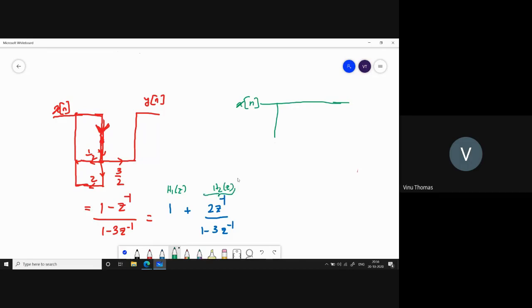We can implement this in the direct form 1 or the direct form 2. So it doesn't make any difference. Let me think that it is being implemented in direct form 2. So this will mean you will have a delay element. So this is z raised to minus 1. And this should be multiplied by plus 3.